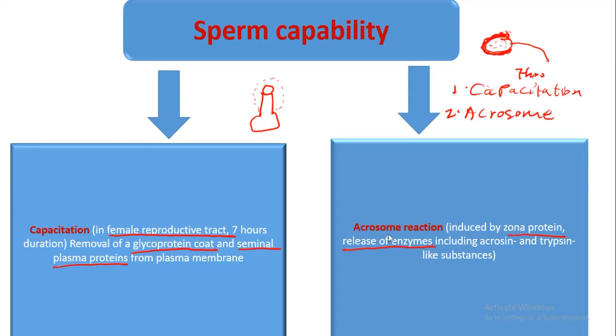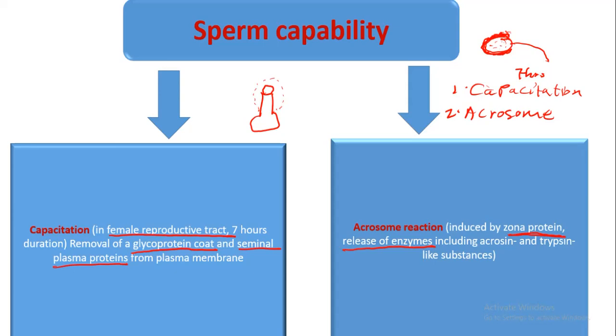So when capacitation takes place, the Zona proteins from the female are going to start and cause the reaction called the acrosomal reaction.